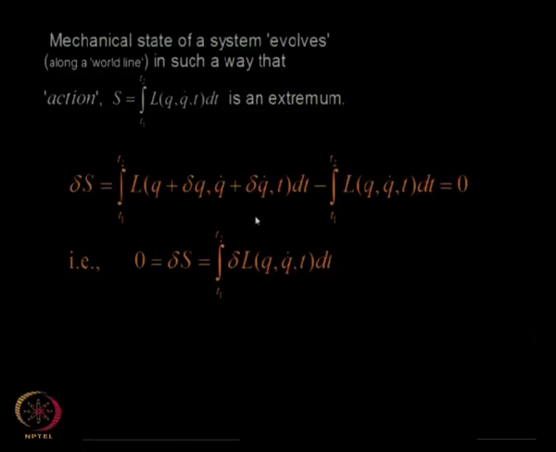Now what this led us to, and these are some of the major steps that we discussed in the last class, so I will not go through this in any detail now, but quickly recapitulate that if this is an extremum, then any variation in this would of course vanish. And a variation with respect to what? A variation with respect to different paths in the position-velocity phase space that a system can take. So these are like different world lines, different paths that the system can take, and variations with respect to these paths will lead to an action integral which will remain stationary.